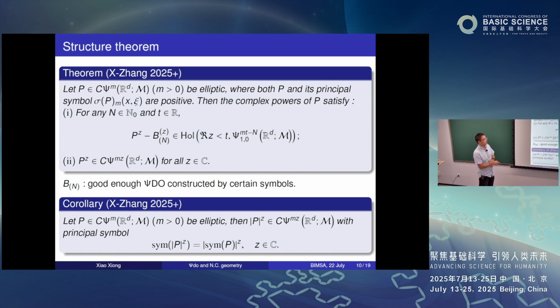It takes values in the pseudo differential operators of this order. So this is the structure theorem.